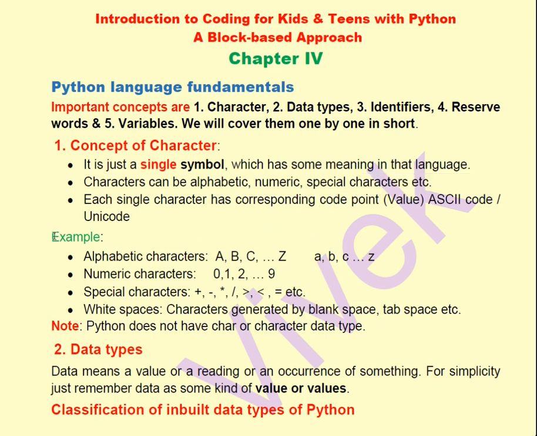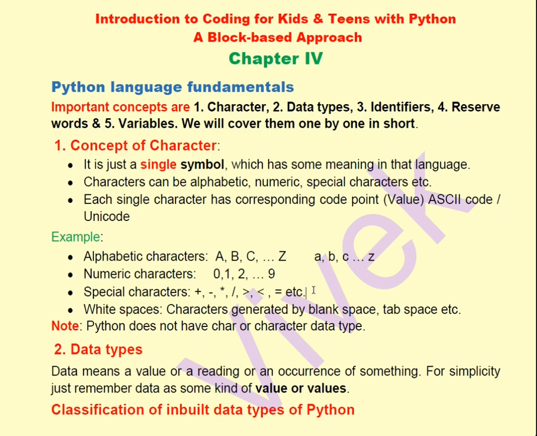Here are some examples of characters. Alphabetic characters can be A, B, C, D up to Z. These are in capitals. We can have a, b, c, d up to z in lowercase also. Numeric characters are 0, 1, 2, 3, 4 up to 9. Whatever is neither an alphabetic character nor a numeric character is referred to as a special character.